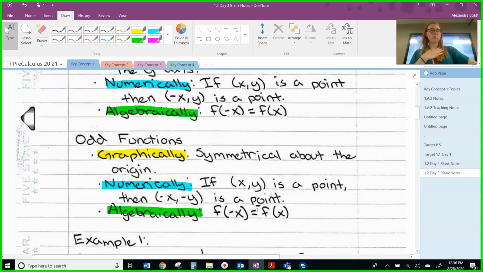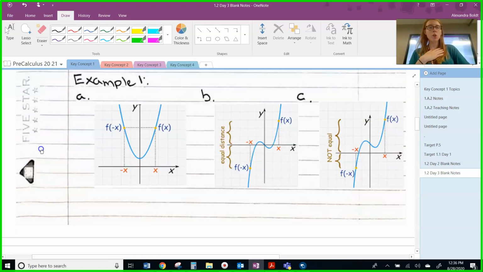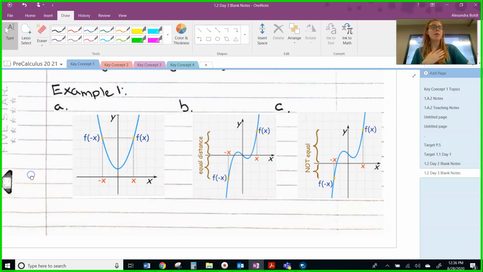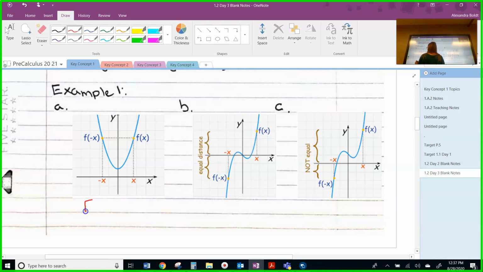So, looking at example 1, we have 3 graphs here. This first one is an even function. You can see how it folds over, like this side and this side are exact copies of each other.